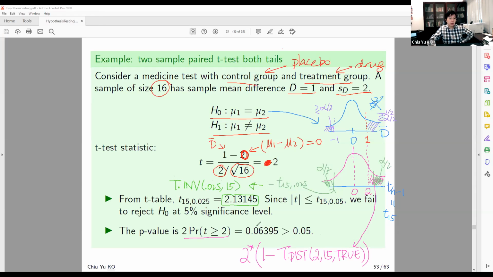Look at the absolute value: it's more extreme than 2, so you can't reject. So more or less, you cannot say the drug is useful.